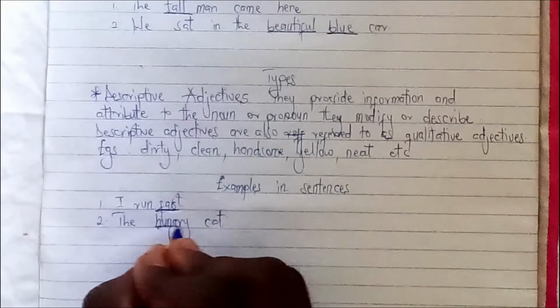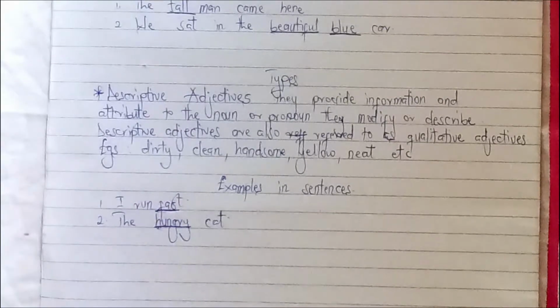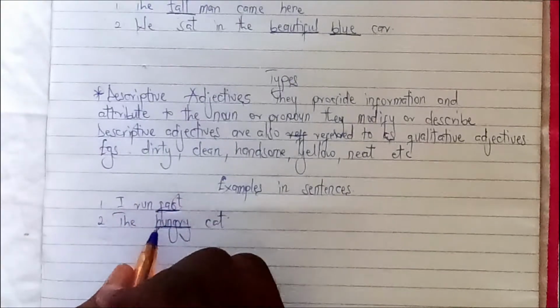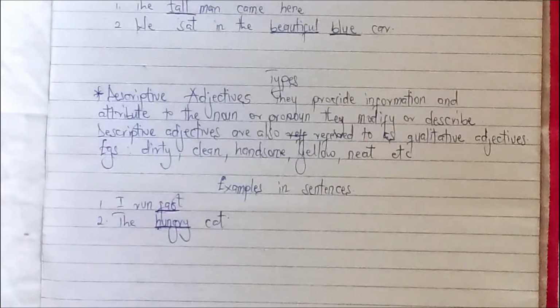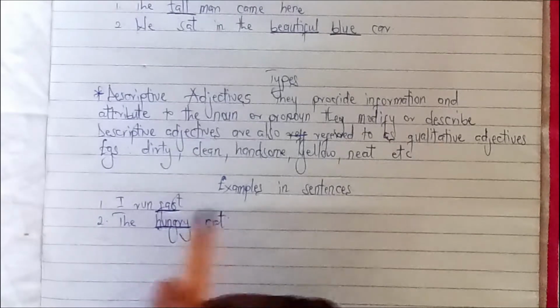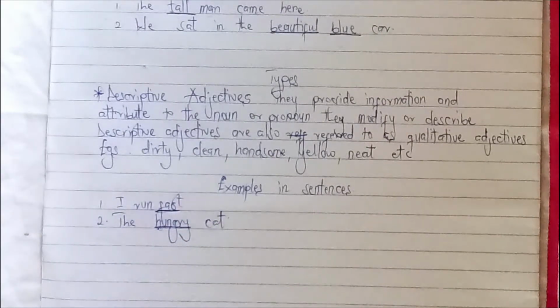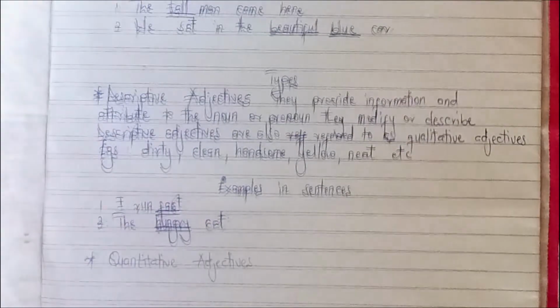Hungry over here is an adjective. It is describing that the particular cat we are talking about is not the one that is full, but the hungry one. And so the descriptive adjective hungry is used to describe the noun cat in this sentence.